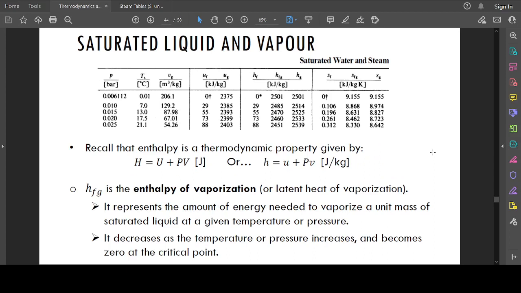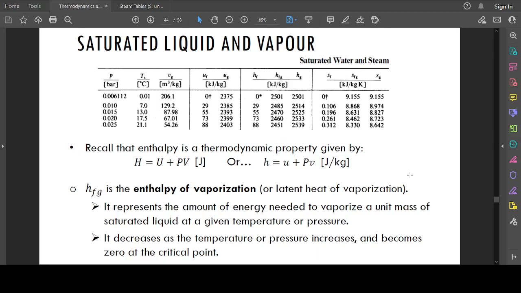If we recall from our previous lectures, we know that the formula for enthalpy is equal to the internal energy plus the pressure times the specific volume, which has a unit of joules per kilogram. Now, the enthalpy of vaporization, the latent heat, like I said, is denoted by hfg.